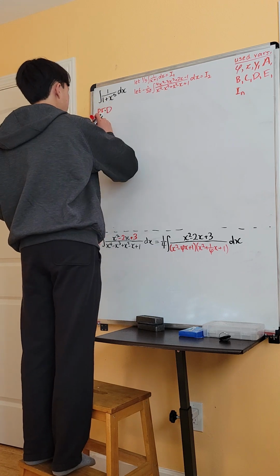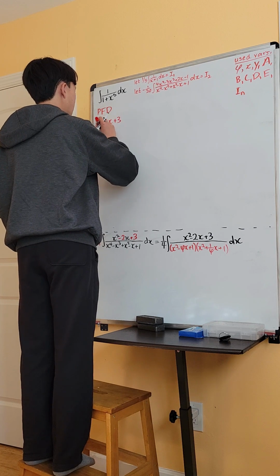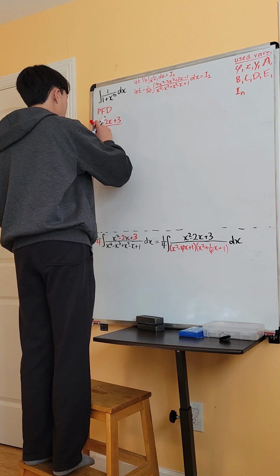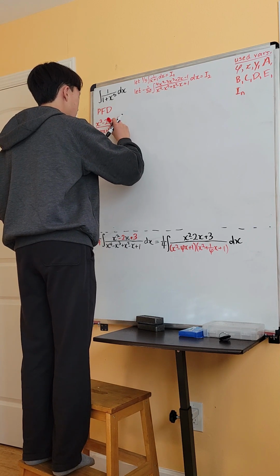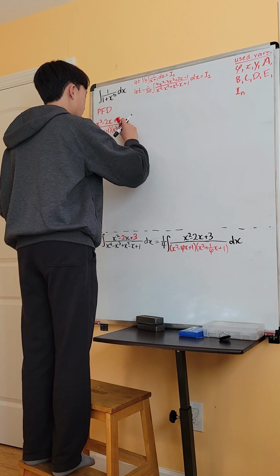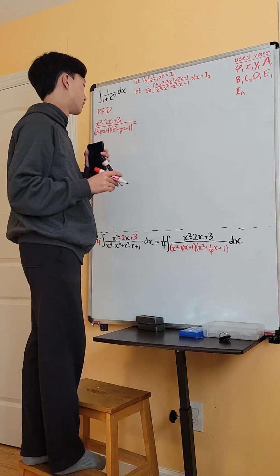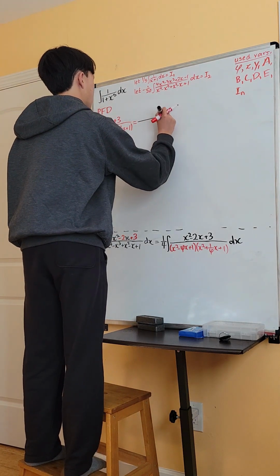So we have x squared minus 2x plus 3 over x squared minus 5x plus 1 times x squared plus 1 over 5x plus 1. I want this to be equal to, since it's two quadratics, then you want to write the quadratics on the bottom.